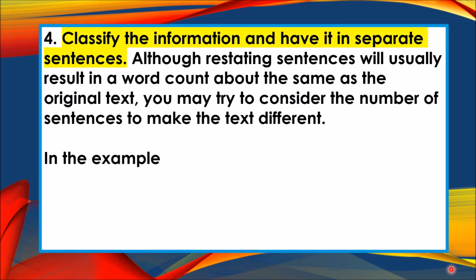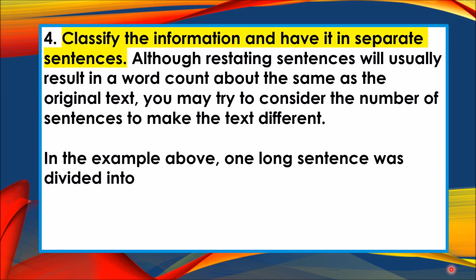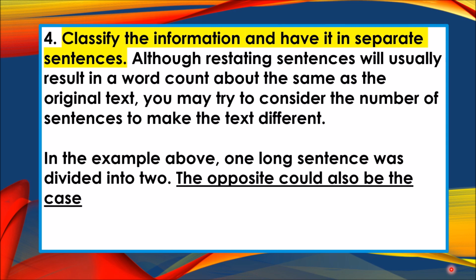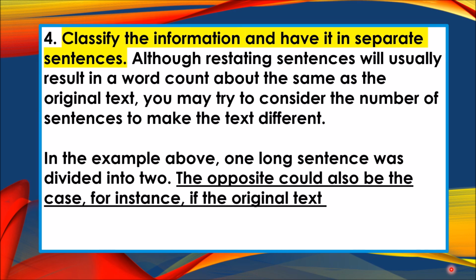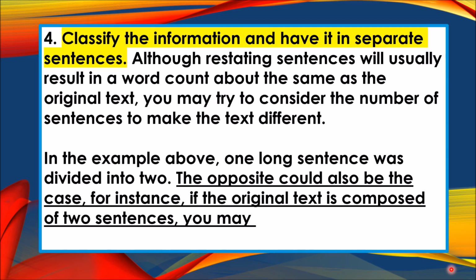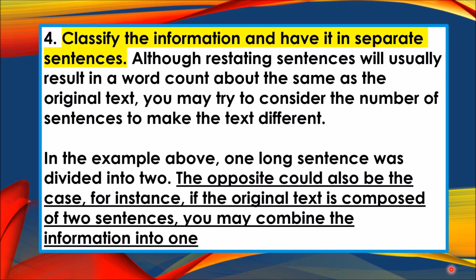In the example above, as I have shown you, one long sentence was divided into two. The opposite could also be the case. For instance, if the original text is composed of two sentences, you may combine the information into one. Okay, so in the fourth one, classify the information and have it in separate sentences.